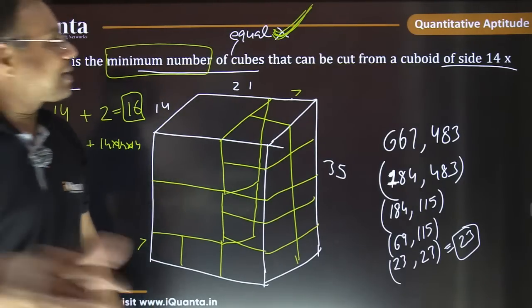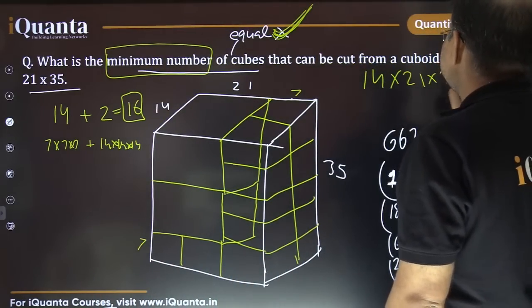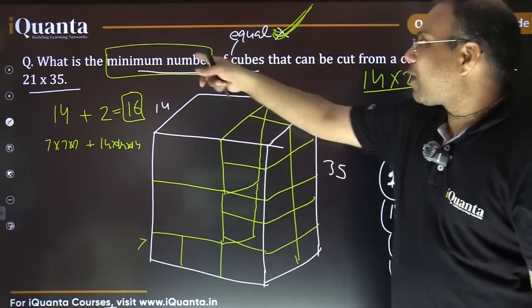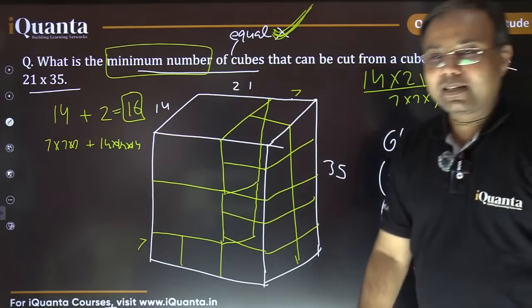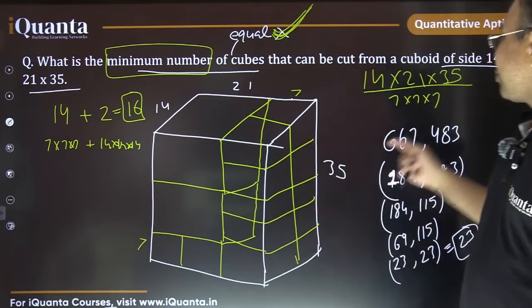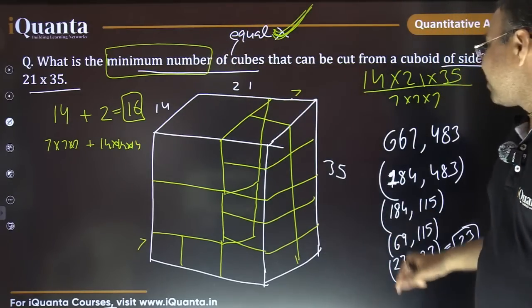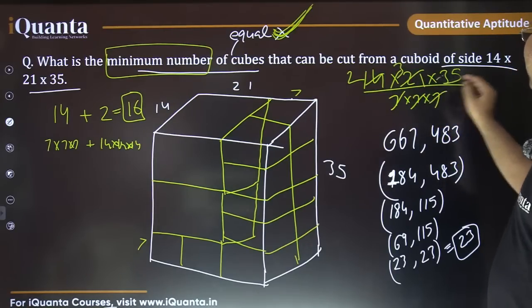Yes, exactly. It is the HCF of the three sides. In that case, you can directly apply the total volume 14 by 21 by 35, and the volume of each of the smaller cubes would be 7 by 7 by 7. So 7 by 7 by 7 equal cubes would be the minimum answer now, right? 7 twos are 14, 7 threes are 21, 7 fives are 35.